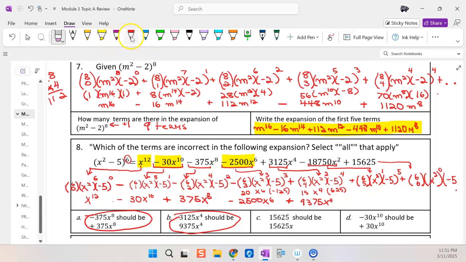So this next guy is going to be 18,750 x squared. And that should be negative, because the negative 5 to the 5th is negative. All right, so that's negative, which is correct. So let's change this to a minus.